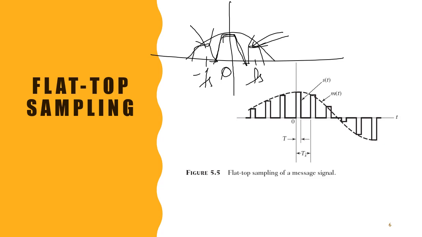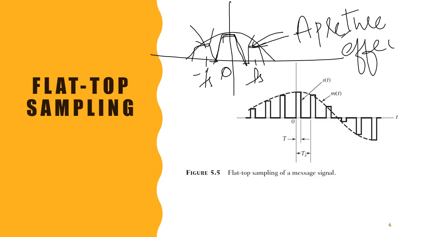So the sampled signal in flat top sampling consists of attenuated high frequency components, and this effect is known as aperture effect. The attenuation is more, which means the higher frequency components are going to get suppressed, which results in what is called the aperture effect. So it is very important to know that it is due to the presence of the transistor and the capacitor that we make use of in the sample and hold circuit, which results in aperture effect.